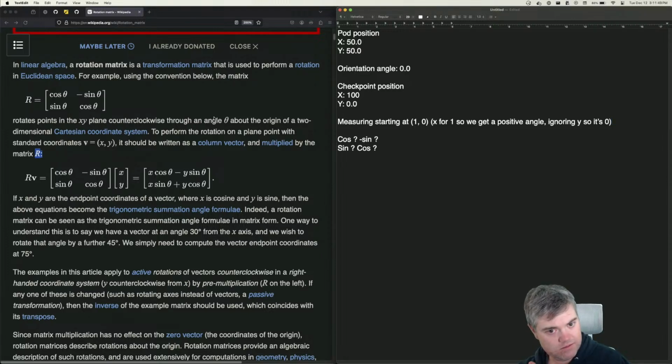Okay. And then we use that to calculate the angle to the checkpoint.